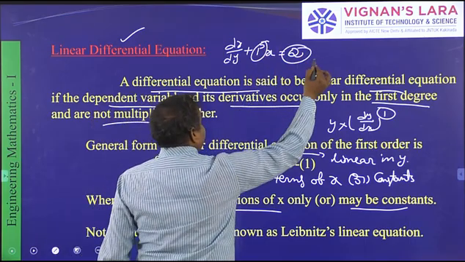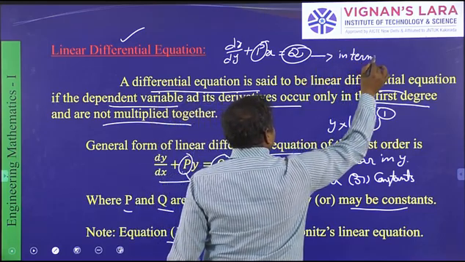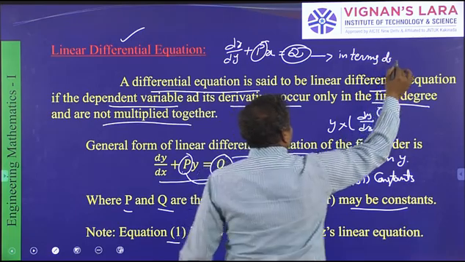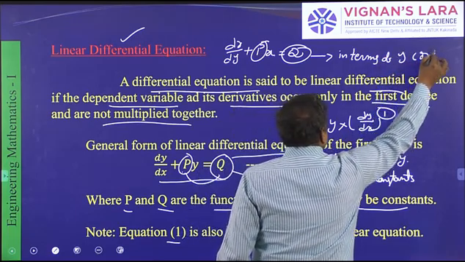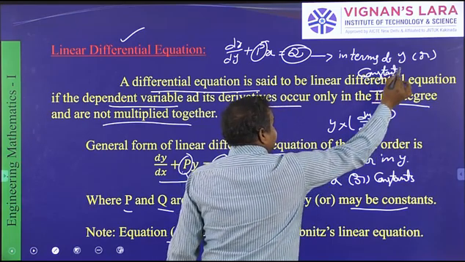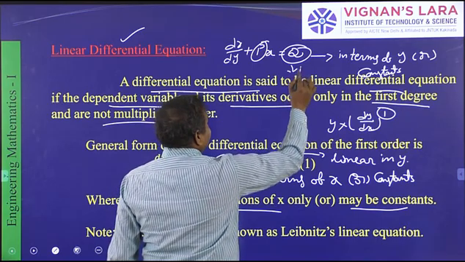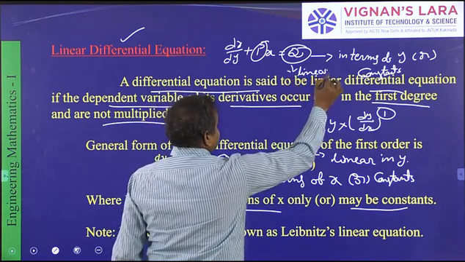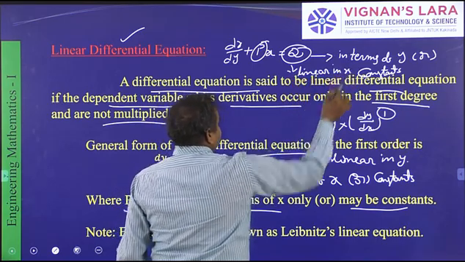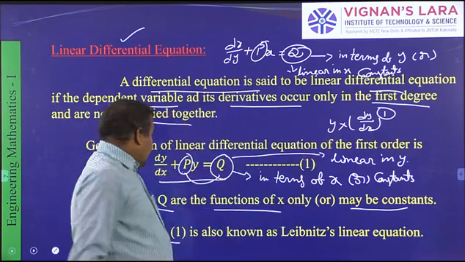Here p and q are in terms of y or constants. So this is called linear in y and this is called linear in x.